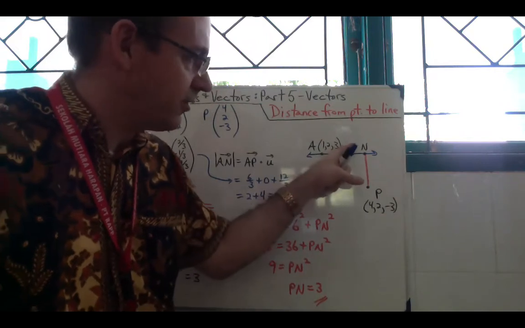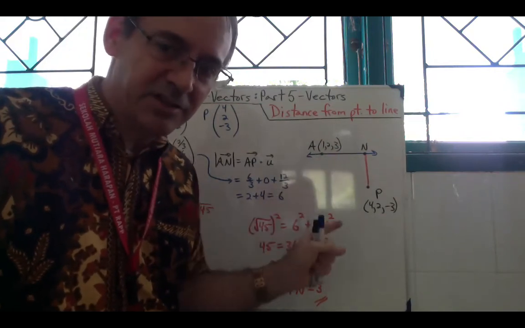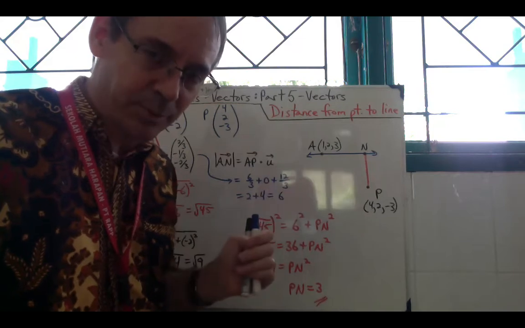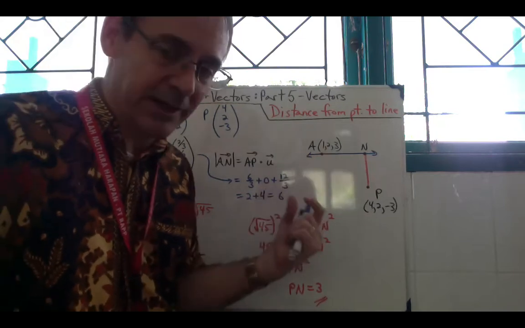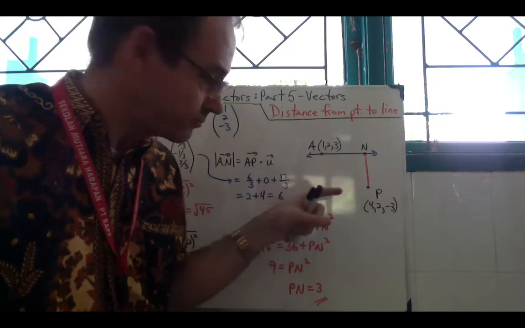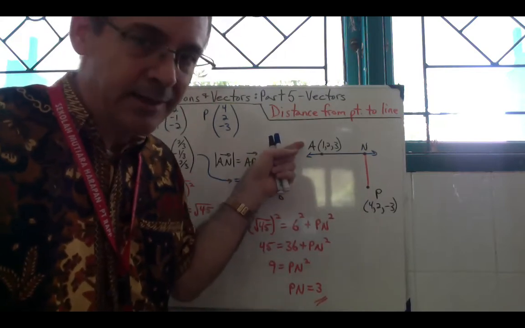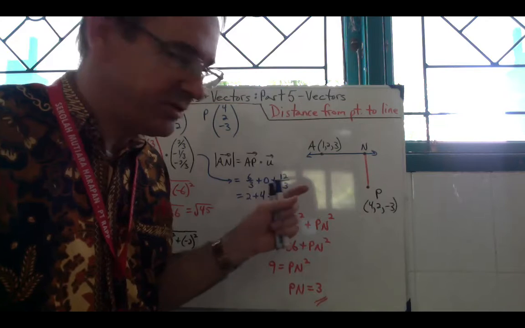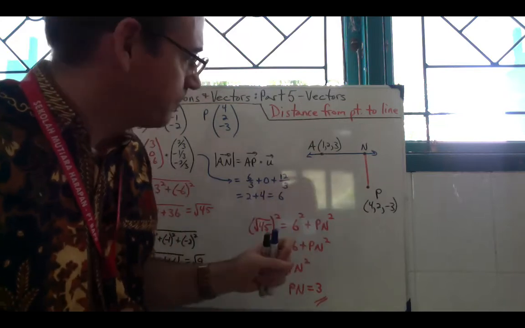The reason why I call this N is because it's perpendicular and N stands for normal. Normal means perpendicular. So that's why I use the letter N. The problem already called this point P. So I just call this A over here. It doesn't really matter what letter you use, just keep track of which one's which.